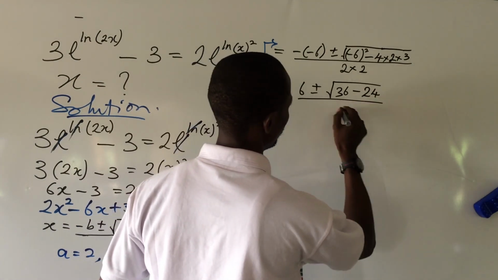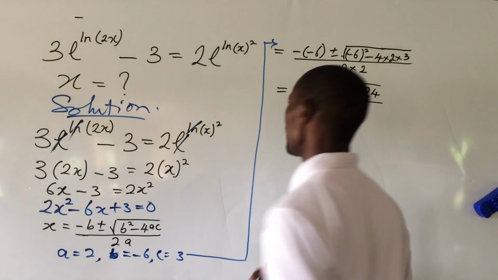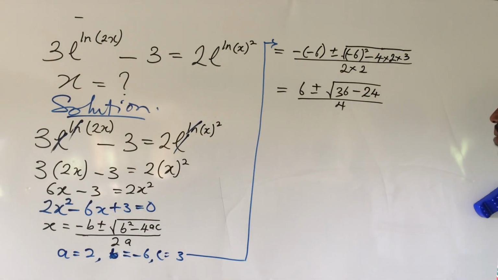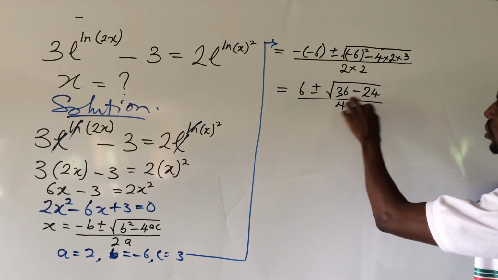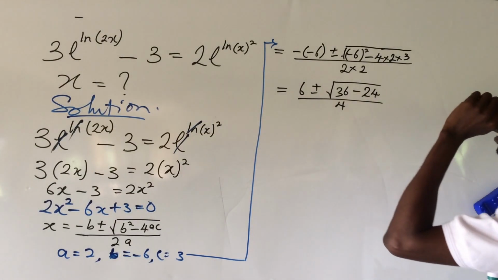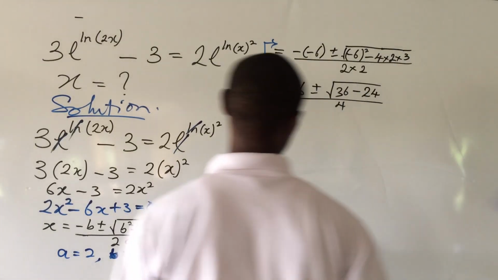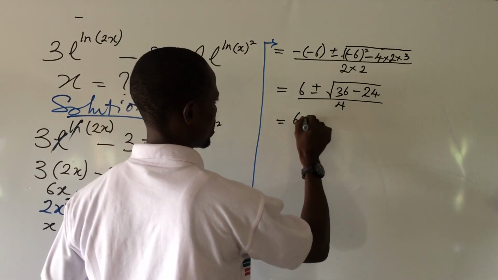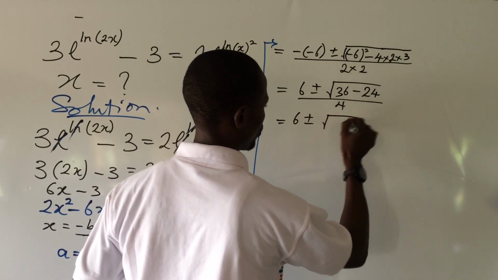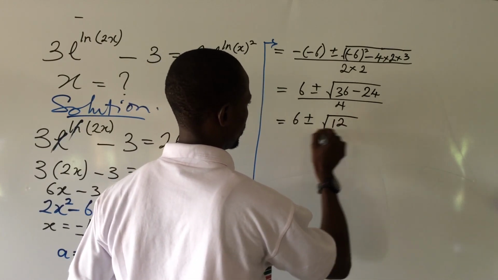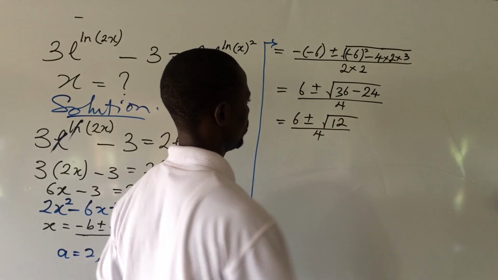24, all over 4. Very easy now. It's just a matter of taking this from this. If we subtract 24 from 36, that will give us 12. So this now gives us 6 plus minus root 12 all over 4.